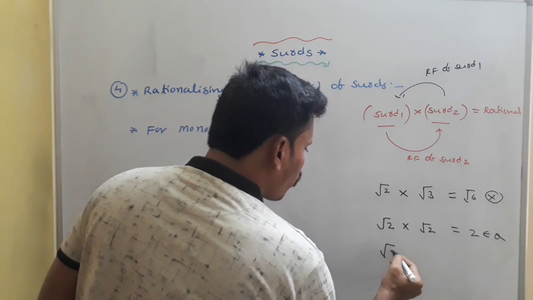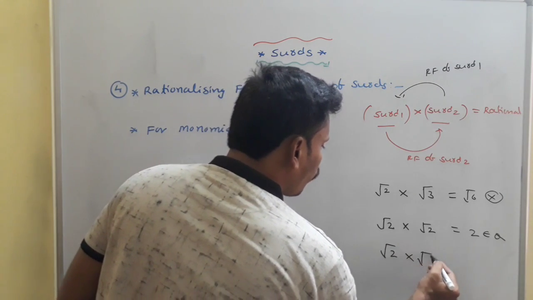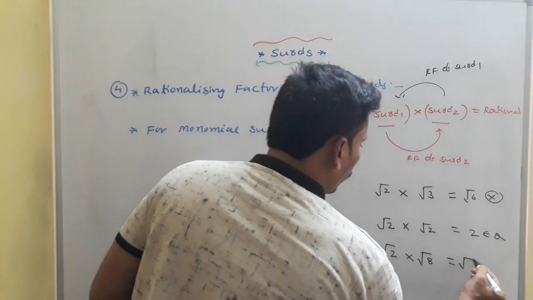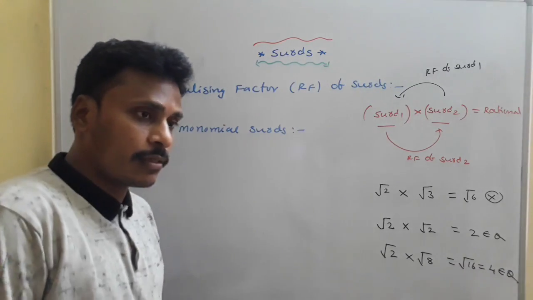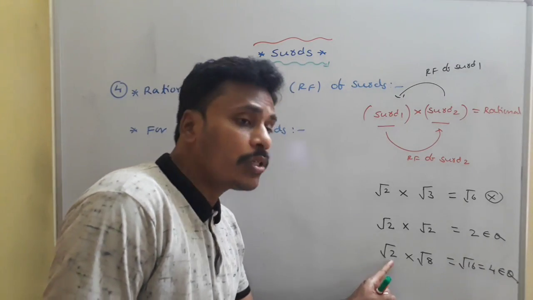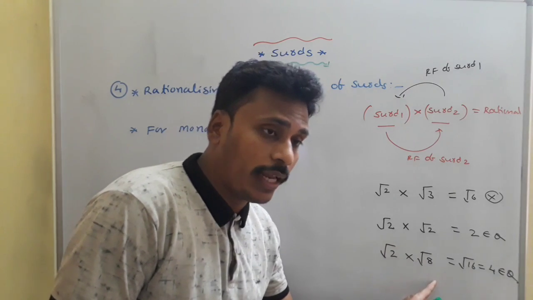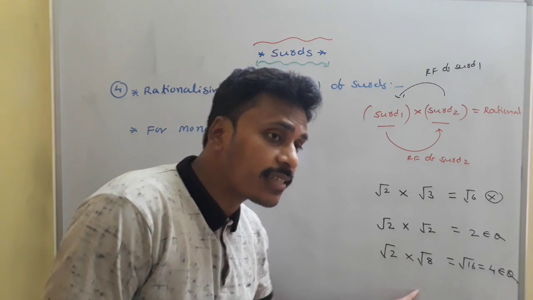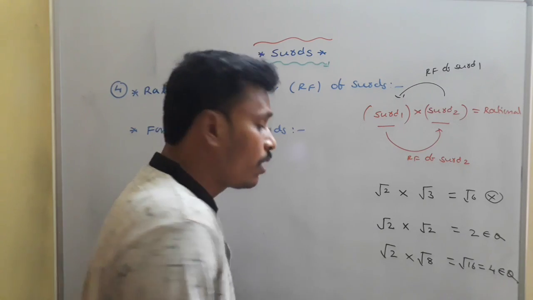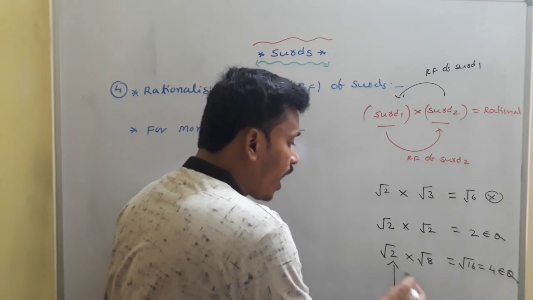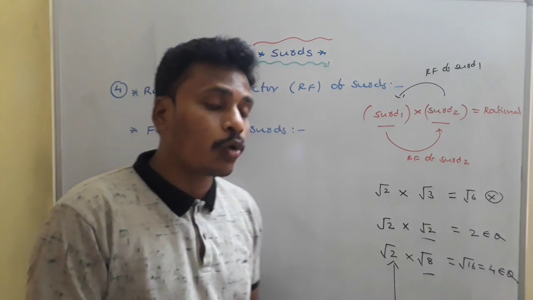For example, if I multiply root 2 with root 8, root 2 into root 8 is root 16, which is equal to 4, belonging to rational numbers. Then in this case, root 2 is considered as rationalizing factor of root 8, whereas root 8 is considered as rationalizing factor of root 2. So in this way, one number root 2 has many rationalizing factors, not only one.